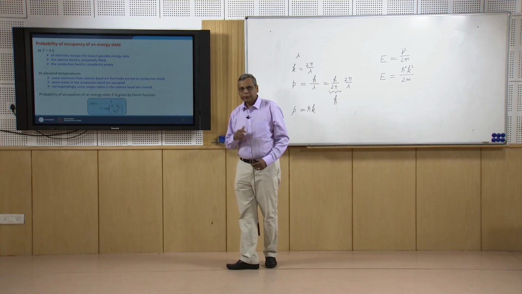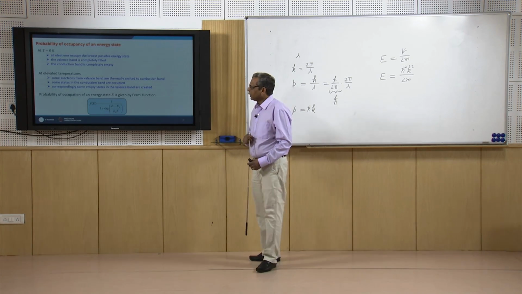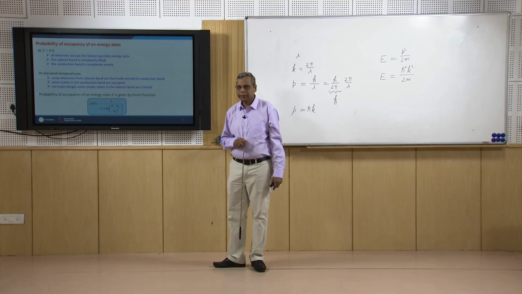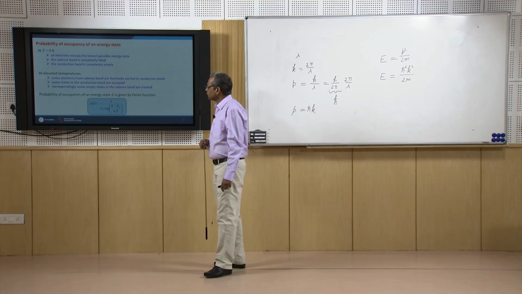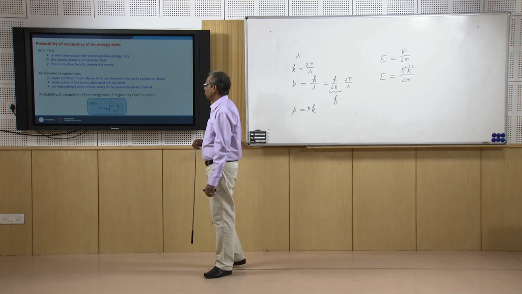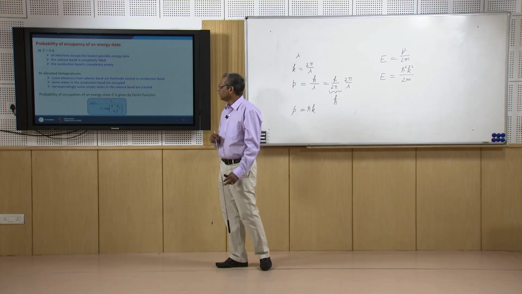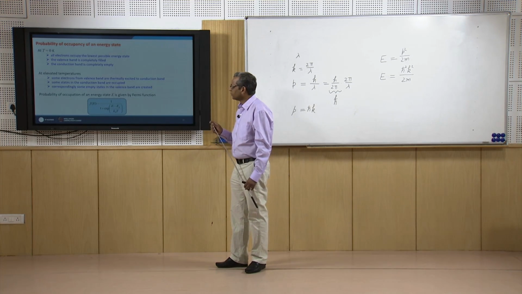If you elevate the temperature, then some electrons from the valence band are thermally excited to the conduction band, and some states in the conduction band are occupied. Correspondingly, you have some empty states in the valence band.